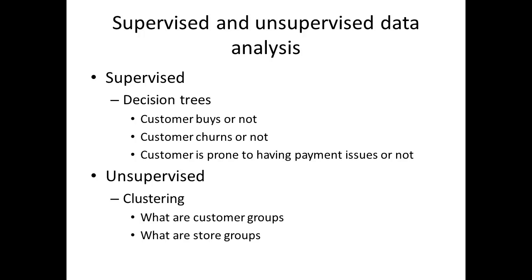Its name is decision trees, and this means that we're going to classify objects, let's say our customers, as those who are going to buy our product or not, or a customer who's going to churn from our company or not, or a customer who's going to be prone to having payment issues or not. This process itself is called classification, which means that we have to decide whether something is going to happen one way or the other.